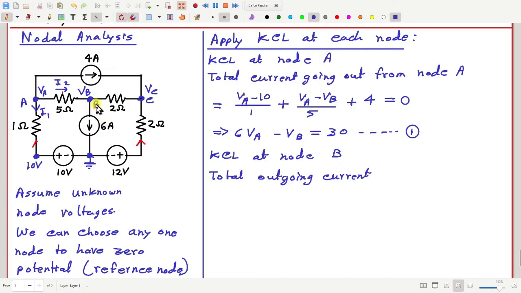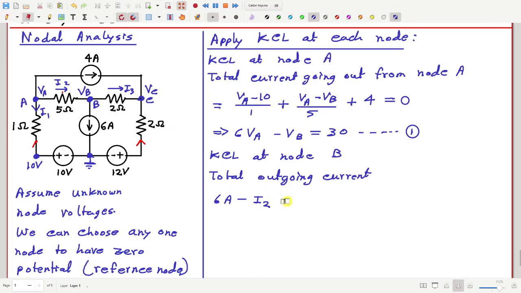So we see that 6 ampere current is going outwards, downwards, and then minus I2 going to the left, and if this current is I3, how much is I3?